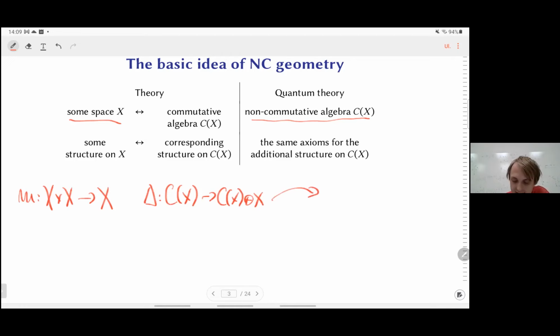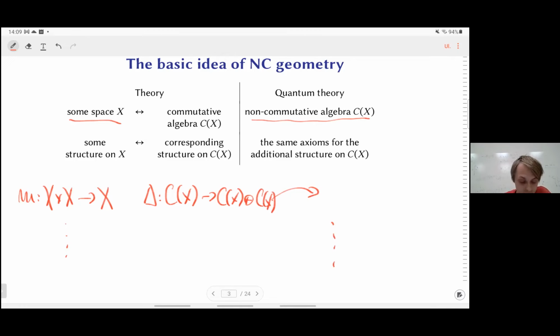Hence the idea is that if we equip any C-star algebra with such a co-multiplication, then this is, so to say, a quantum semigroup, or a semigroup in non-commutative geometry. And then you can put some other axioms here, for instance, if you want to describe groups, and putting the same axioms here gives you what is a quantum group.